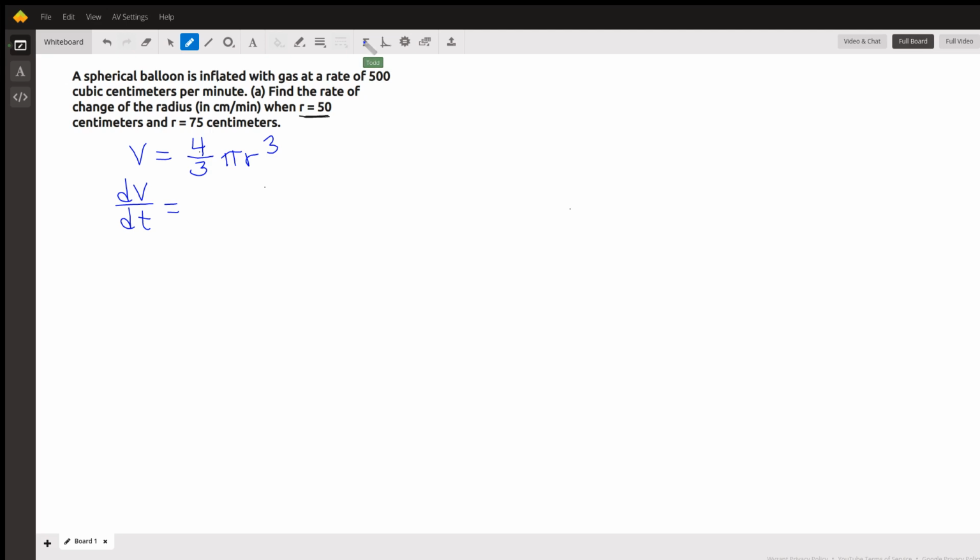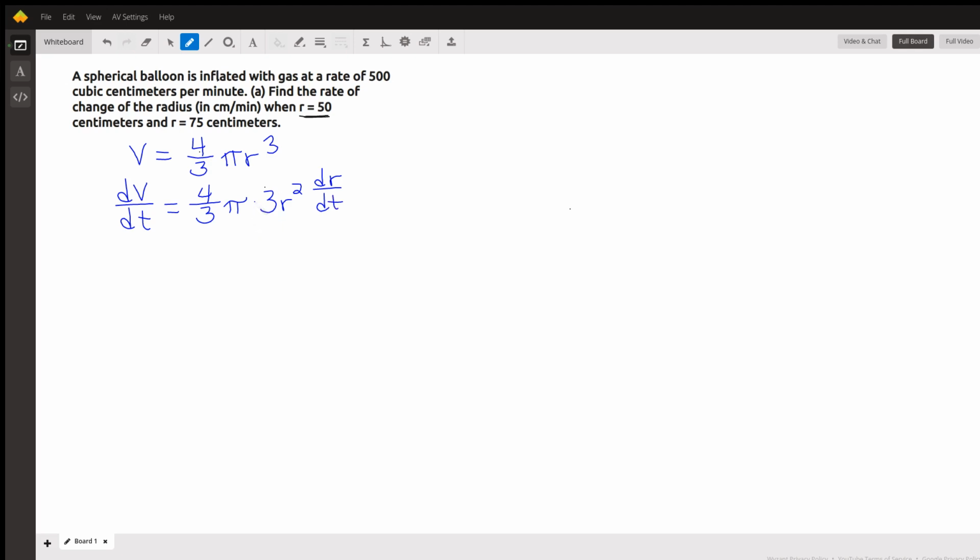Okay, the derivative of the right side. Notice 4/3 pi is just a constant. So when you have a derivative of something with a constant in front, you just write down the constant first, 4/3 pi, times the derivative of r to the third. The derivative of r cubed is 3r squared, but we have to put a dr/dt after it.